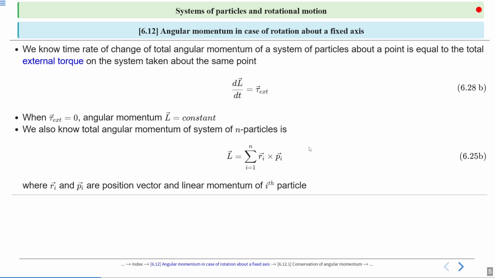Now we know p is equal to mass into velocity. For pi, the velocity will be vi. So pi is equal to mi vi: the linear momentum of the ith particle is equal to the mass of the ith particle into the velocity of the ith particle. All right.